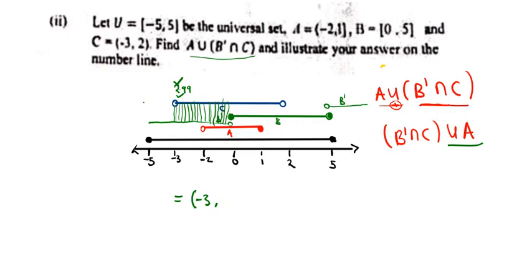We are supposed to end at 0 here, and for the B complement intersecting with the C, 0 is not part of B complement. You have seen? It's open. Yes, it's open. So upon it being open, we would have listed 0 there, then union A.